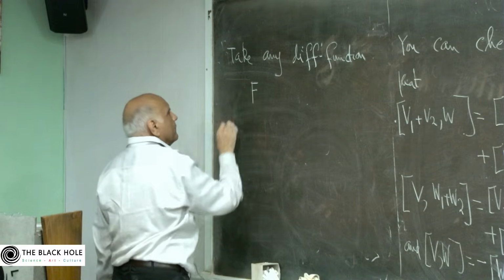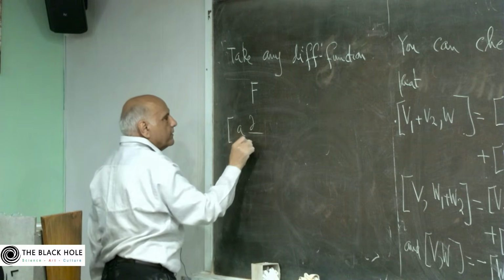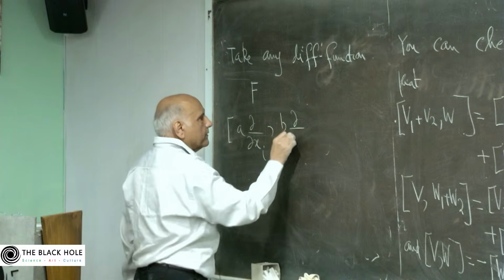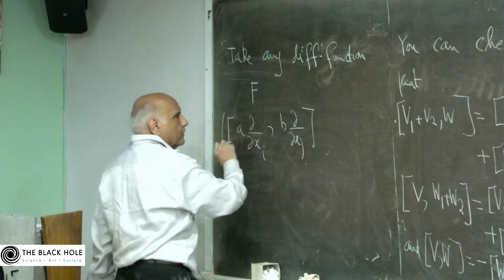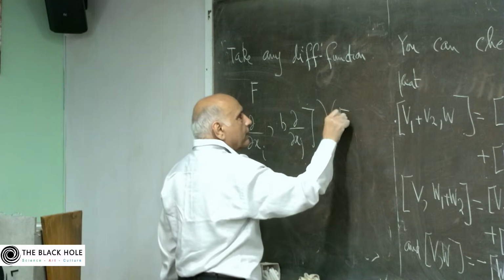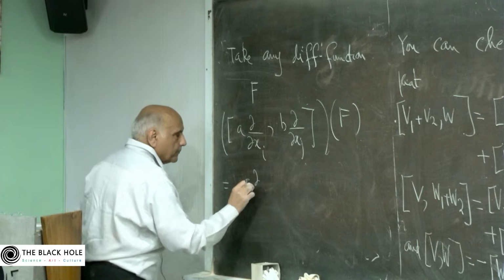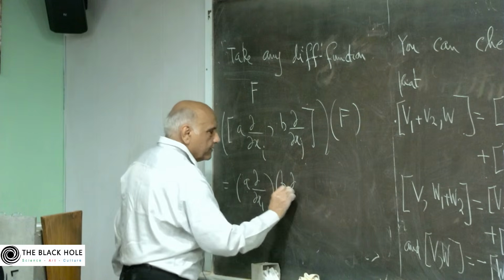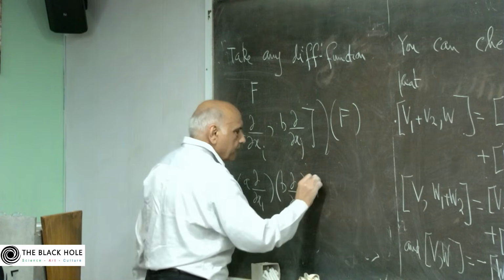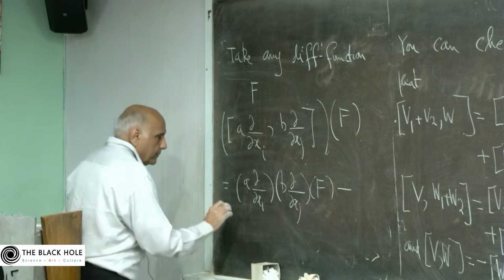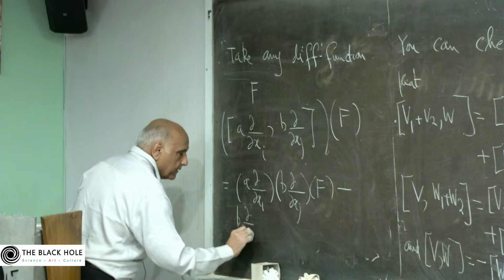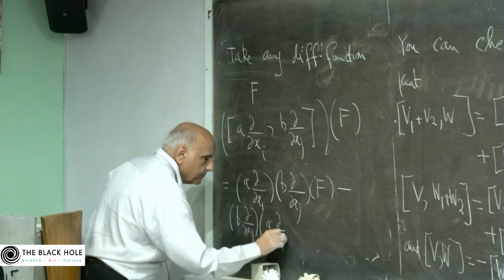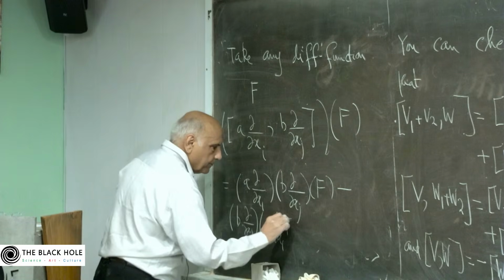Function f. So A partial by partial xi bracket B partial by partial xj operating on f is by definition A times partial by partial xi of B partial by partial xj applied to f, minus B partial by partial xj of A partial by partial xi applied to f, right?